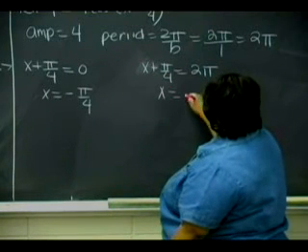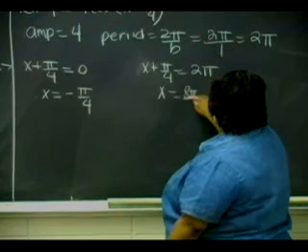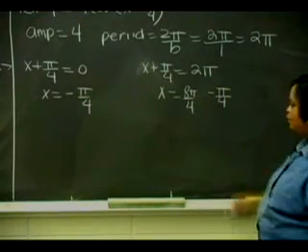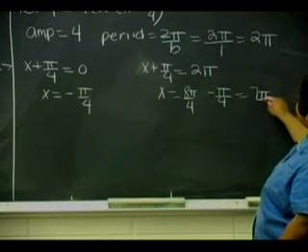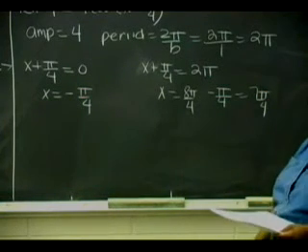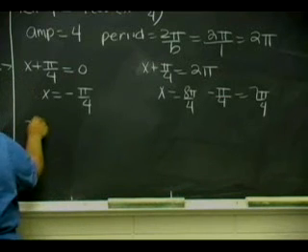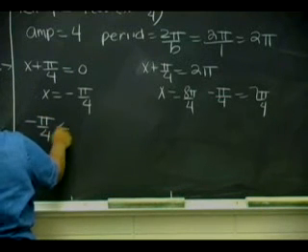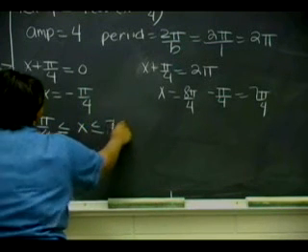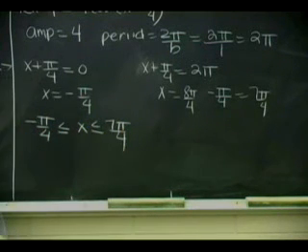What's 2 pi? 8 pi over 4, which means this is what? 7 pi over 4. So now, my x's range from negative pi over 4 to what? 7 pi over 4.